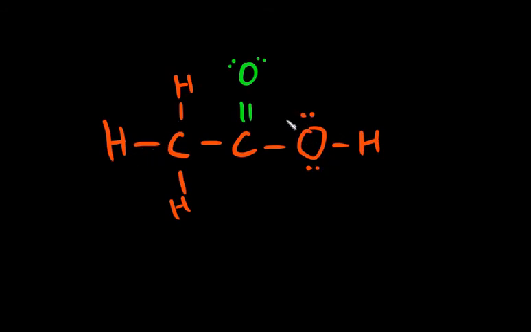So the angle from here to here, what should it be? Because we have an oxygen in the center with two lone pairs, and it forms a bond with a hydrogen on the right side, and it's attached to a carbon on the left side.